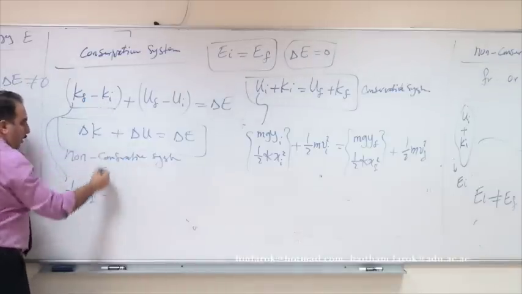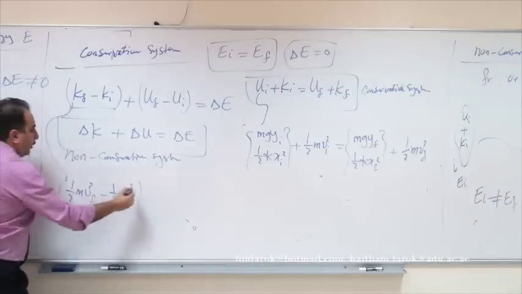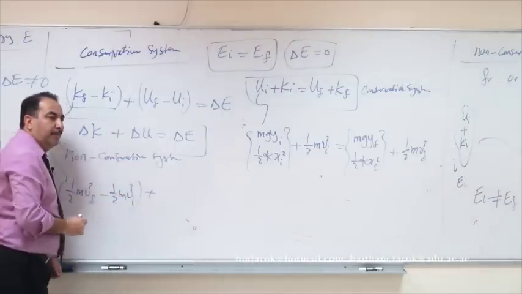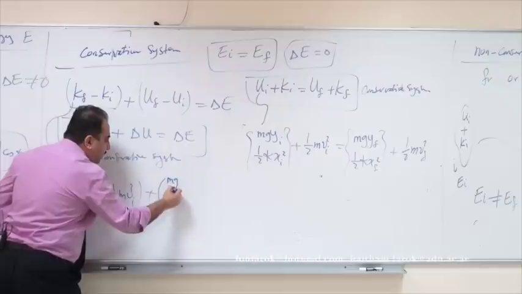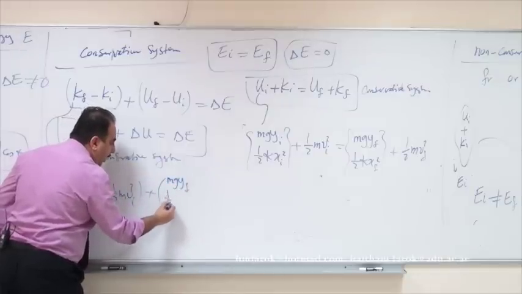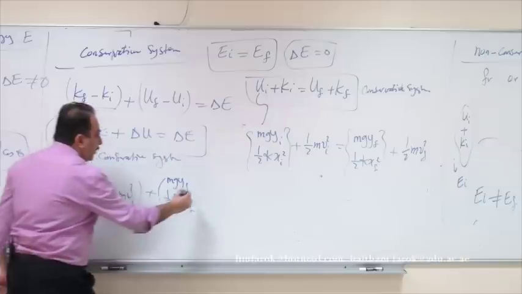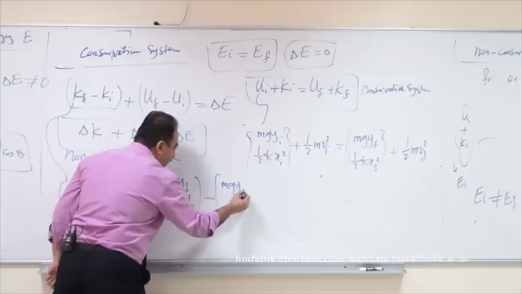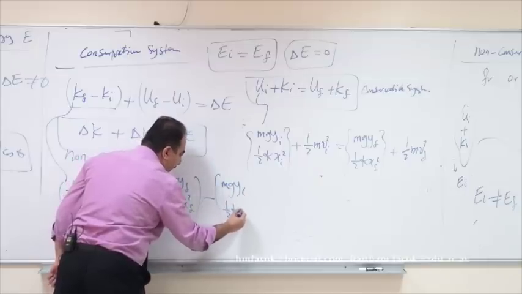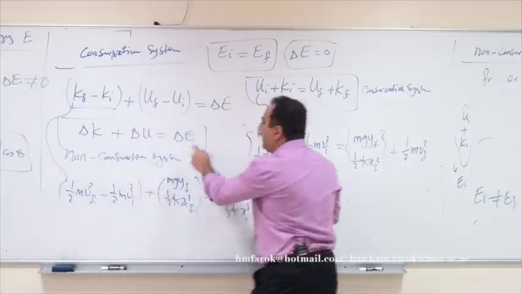Minus half mv squared initial. Plus, what is U final? Either mgy final or half kappa x squared final. Minus either mgy initial or half kappa x initial squared. Equals delta E.